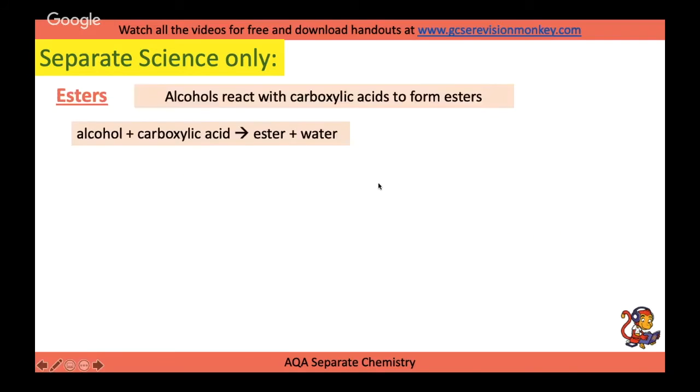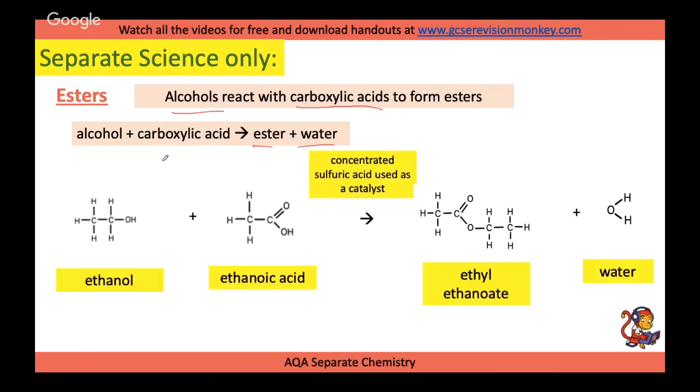To make esters, you react carboxylic acid with an alcohol, and that will produce an ester and water. So, for example, if you had ethanol, you could react that with ethanoic acid in the presence of concentrated sulfuric acid, and that is used as a catalyst in the reaction, to produce an ester plus water.